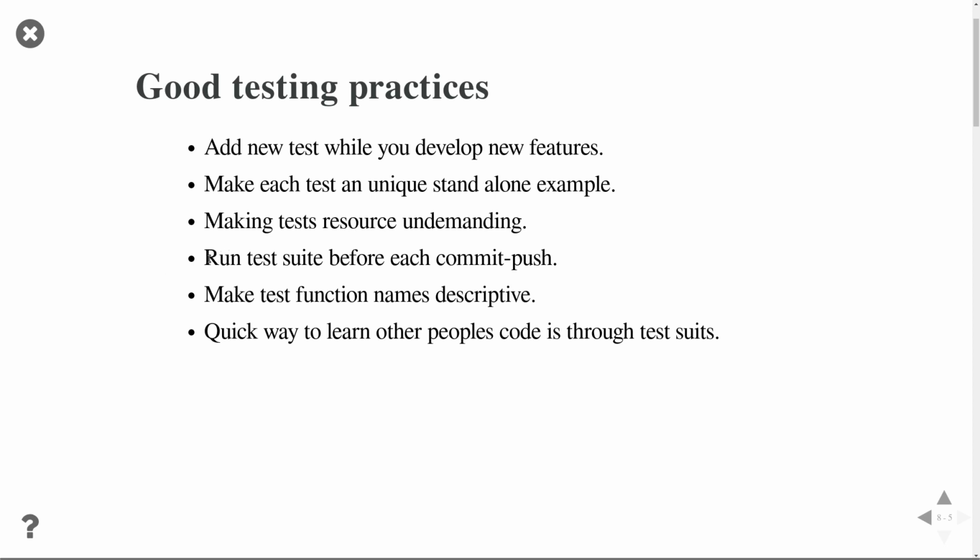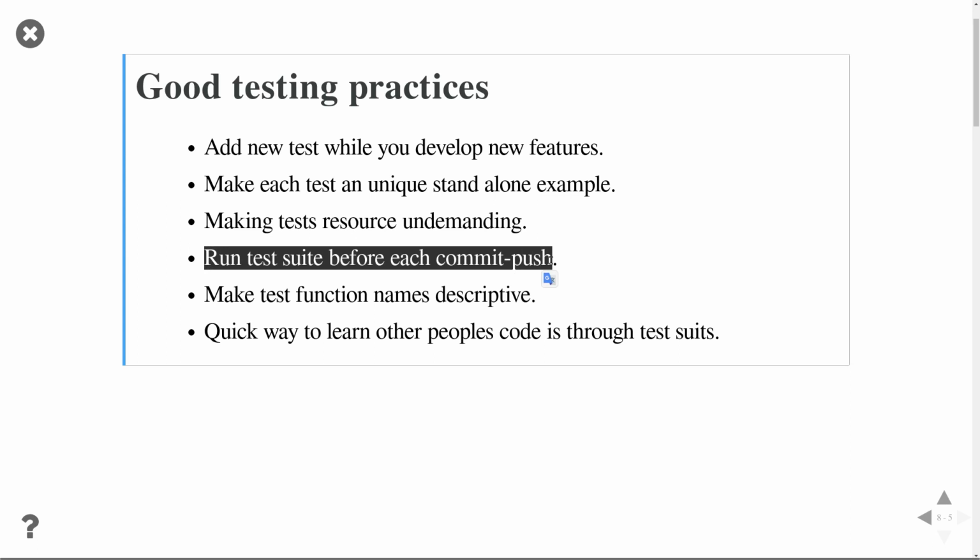In a professional software environment, you can set it up on GitHub, for example, in such a way that whenever you push changes to GitHub, it will run the test suite automatically, remotely on GitHub or on another server. And sometimes it will only allow you to push the changes when all the tests pass. Right?